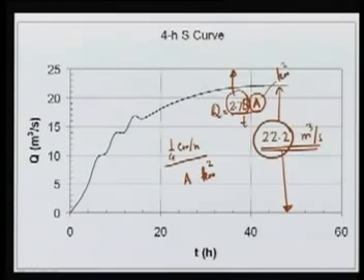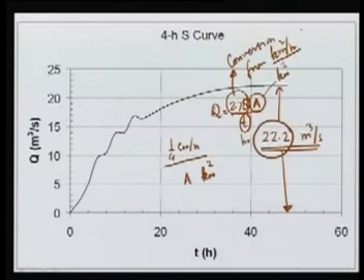So this 2.78 comes because of conversion from centimeter into kilometer square per hour to meter cube per second.